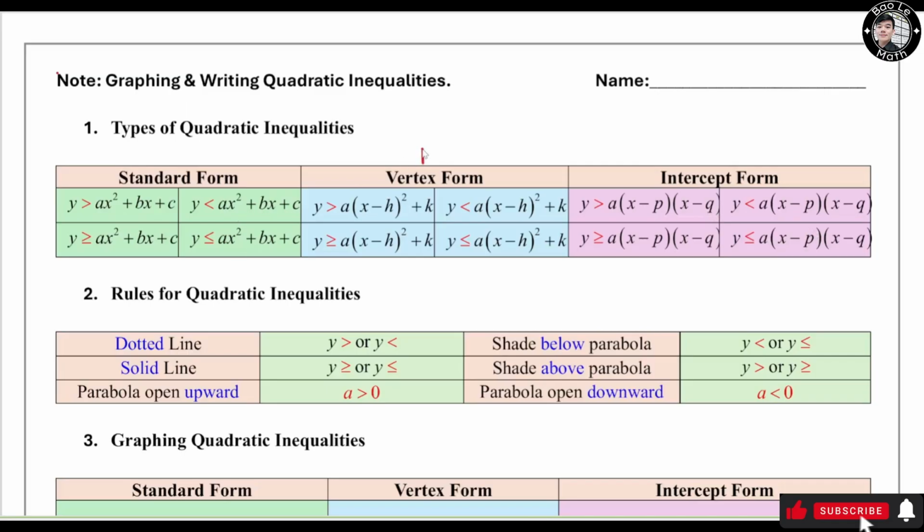Now we look at the vertex form right here. The vertex is (h, k), and the axis of symmetry is x equals h. If a is greater than 0, the graph is concave up, and the vertex is the minimum point, and the value of the minimum is k.